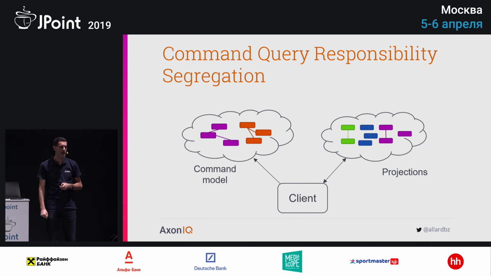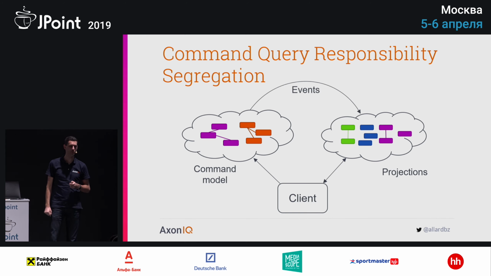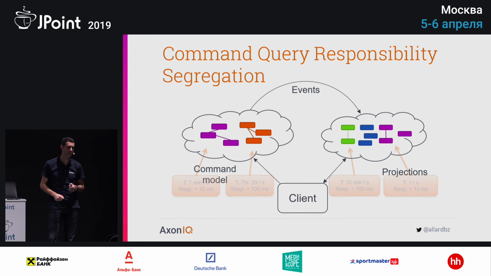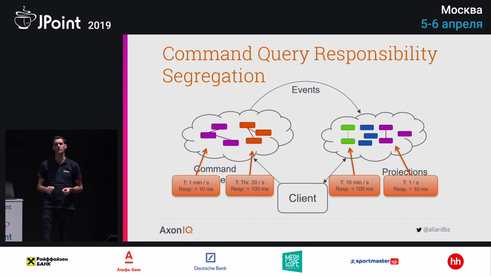And we use events to synchronize between the two. That allows us to optimize each part of the model for the specific non-functional requirements that we have. And since this is a talk about performance, we're going to focus on performance as one of the non-functional requirements.